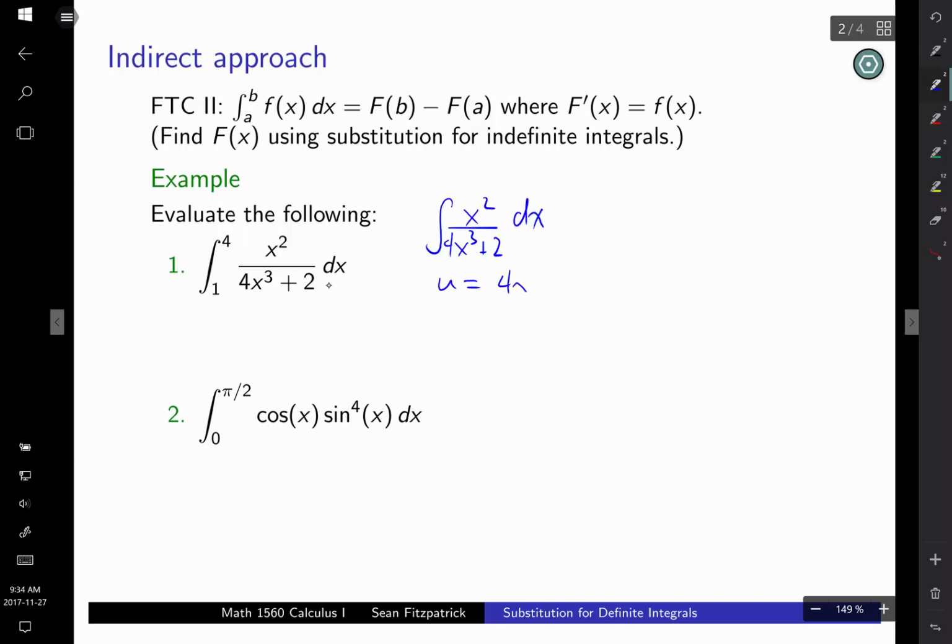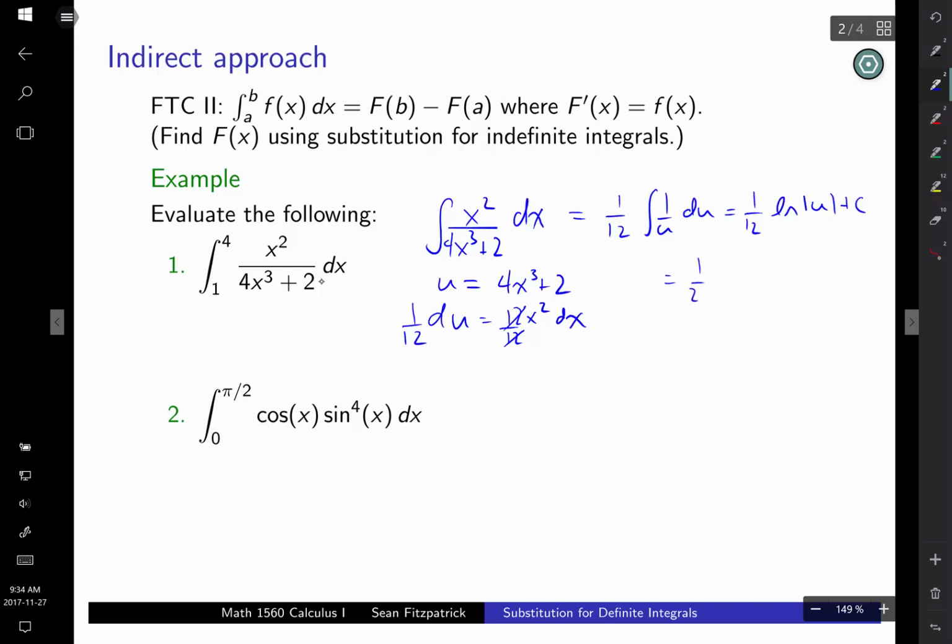So I'm going to let u equal 4x cubed plus 2. du is going to be 12x squared times dx, right? And so then I multiply both sides by 1 over 12 to just get the x squared dx on its own. So this becomes 1 over 12 times the integral of 1 over u du. So I get 1 over 12 times the natural log of u plus c.